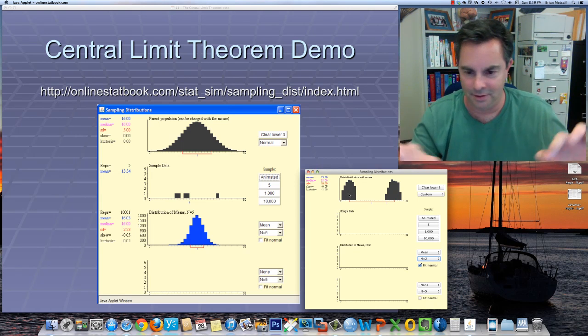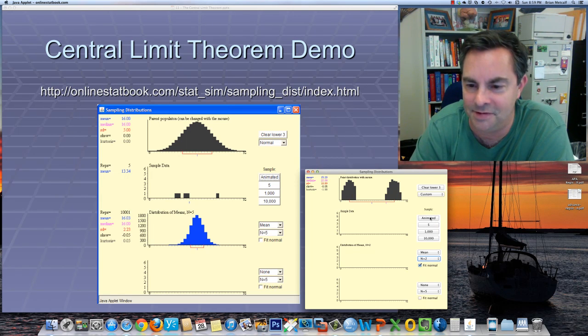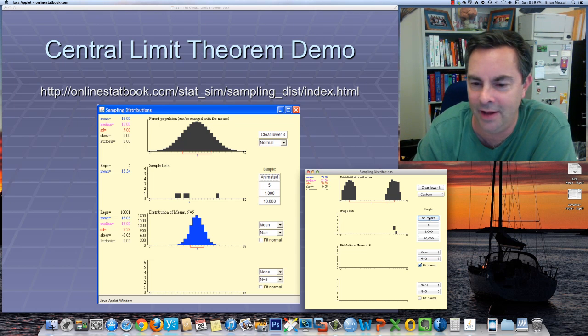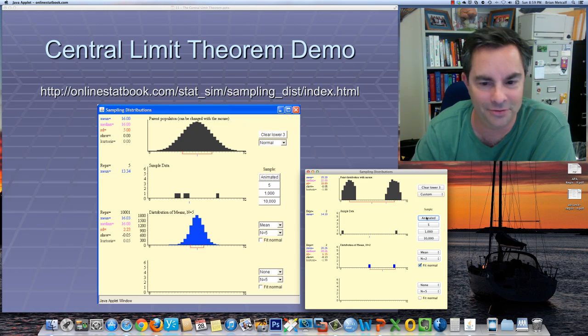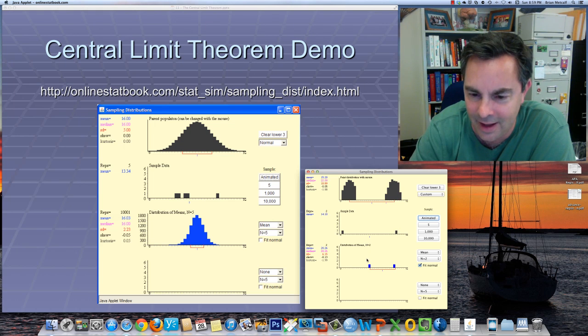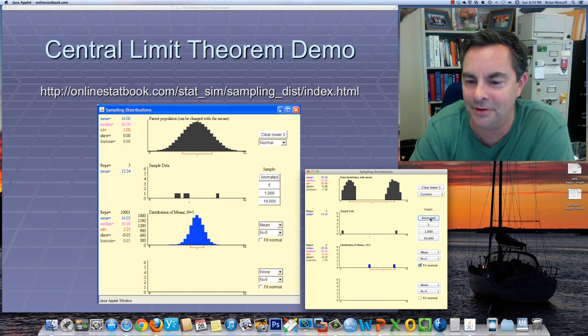Let's see what happens here. Let's do 1 at a time. There I got 2 from the Democratic pile. There's 1 from each pile. I got 1 Democrat, 1 Republican, and then it calculated the mean and dropped it right here in no person's land, right in the middle. Here comes the third group.